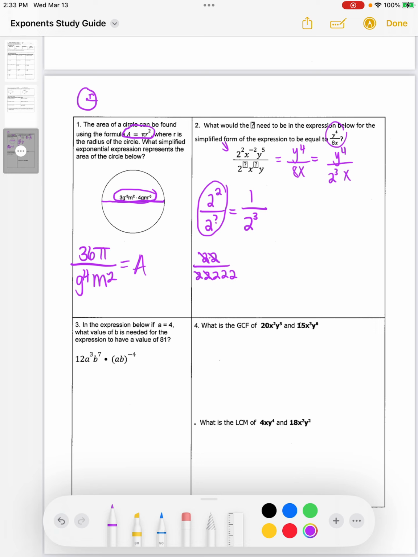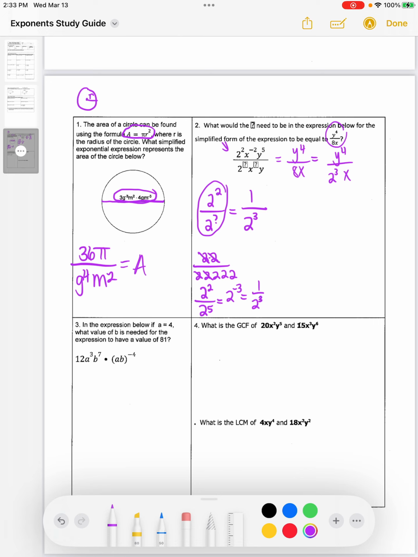Using the quotient rule, 2 minus 5 represents -3, which is a 2 to the third power in the denominator. So look at this expression, 2 squared over 2 to the fifth. This is 2 to the -3rd, which equals 1 over 2 to the third. So that's what I'm going to need.